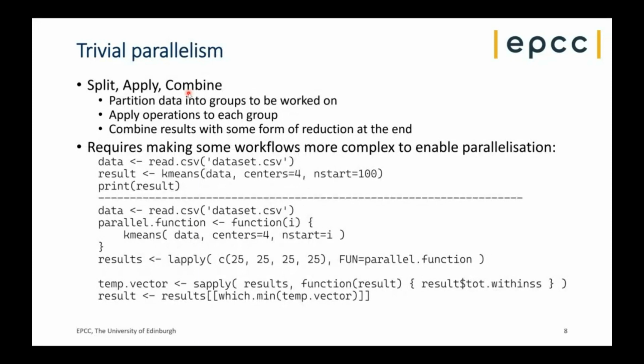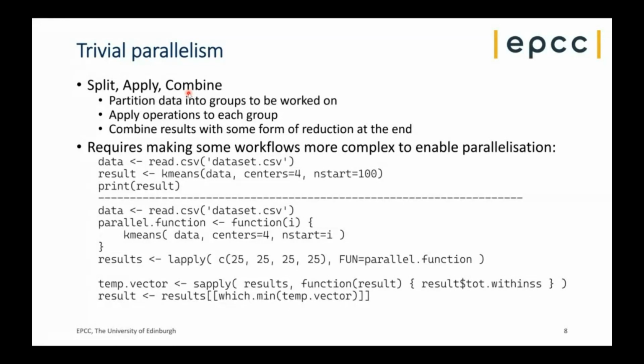If we go a little bit more complicated than that and make some modifications to our code, but still trivial parallelism, we're not having to do any particular processing of results in parallel or anything like that. We're still running everything in parallel. We just want to do that inside the program rather than as a job array function.